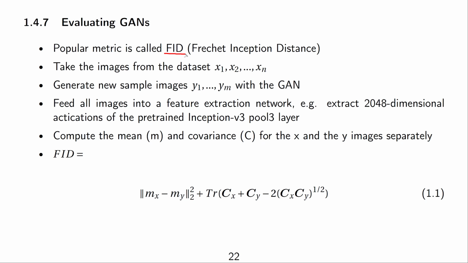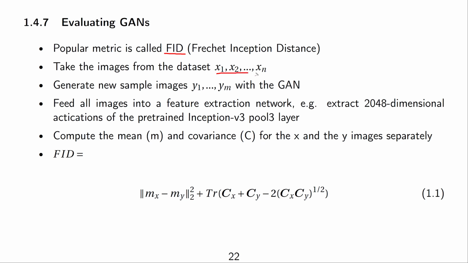GANs can be evaluated using the FID score or Fréchet inception distance. What we're going to do is compare statistics between images that are real and images that are fake, or images that are generated by the generator.